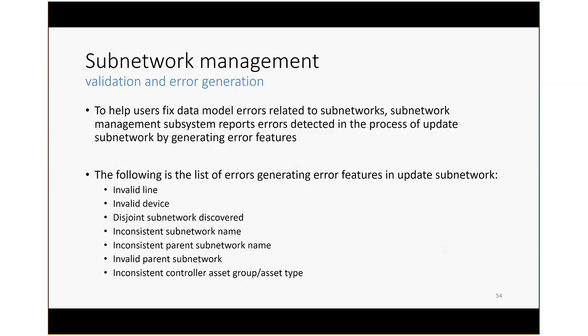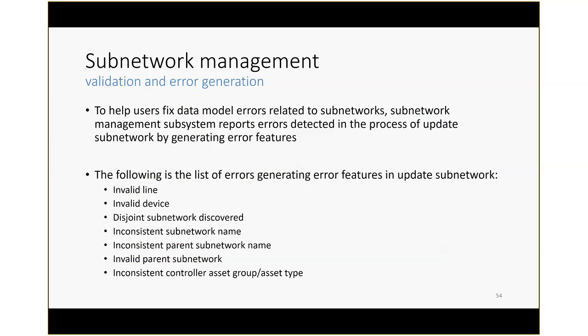Well, we can discover that during tracing, and we discover that during update subnetworks, because a subnetwork, all of its controllers must have the same subnetwork name. Also invalid parent subnetworks for hierarchical domain networks, inconsistent controllers, and so forth.